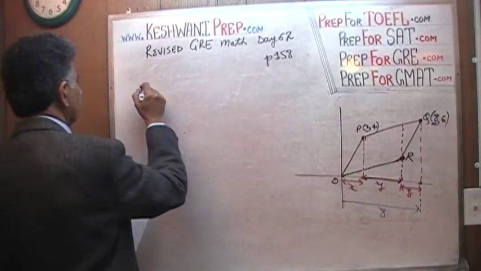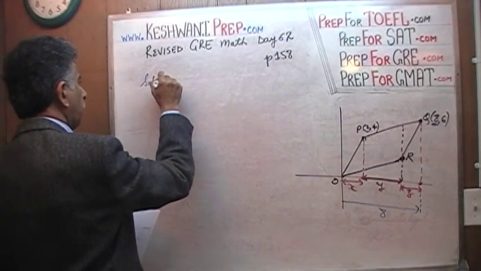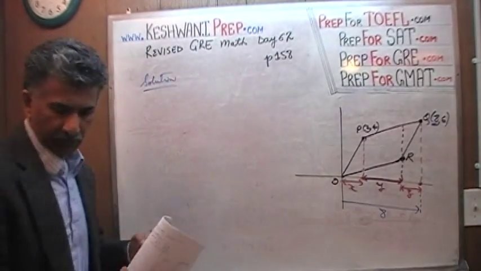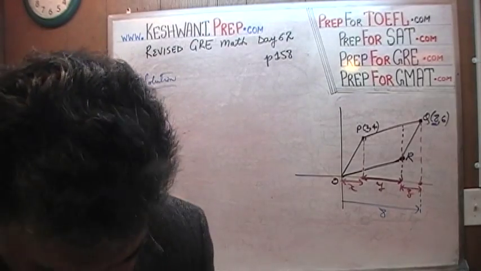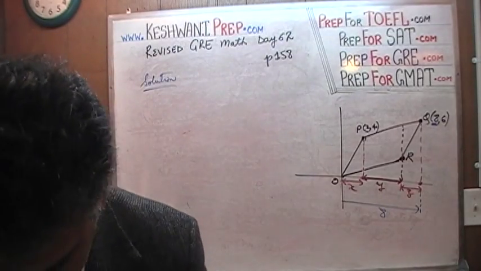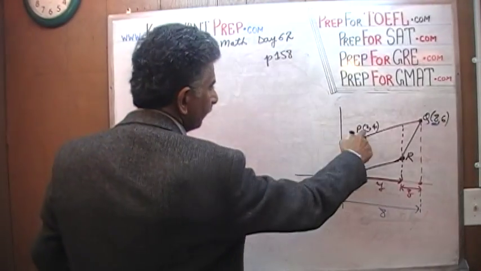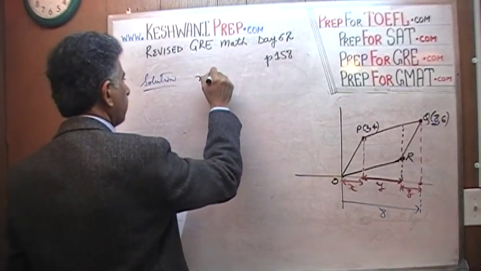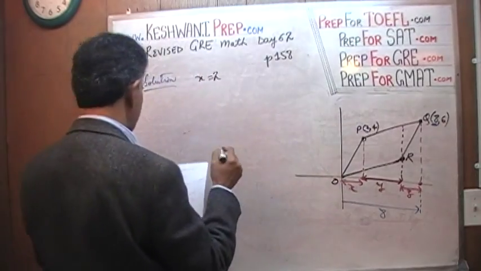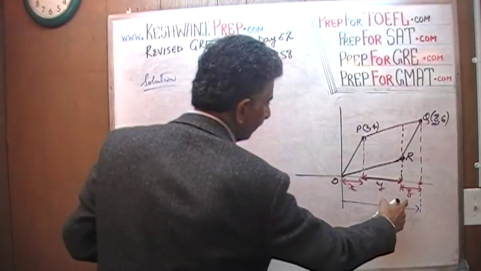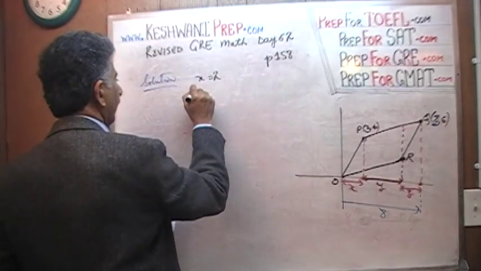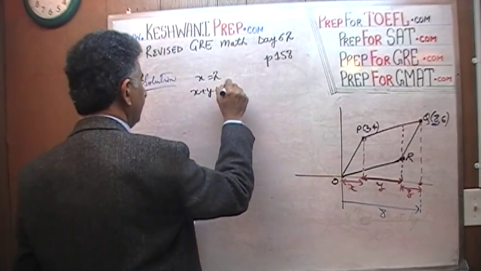So here's the solution. x equals 2, as you can see from this picture. We also know that x plus y plus z equals 8.